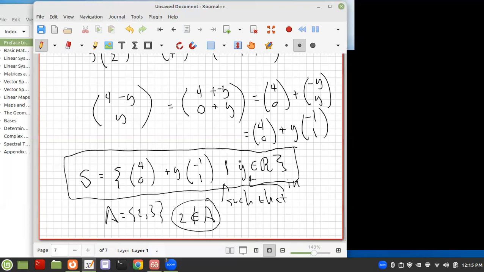We have an infinite number of solutions. We'll say, okay, y can be any real number. And we can say, well, it's this vector here plus any amount of this vector here. And this gets us everything. Okay? It's a nice form because you can see, if I choose y equals 0, 4, 0 is a solution. If I choose y equals 1, I can add the vectors and get a solution. And it separates off these two pieces.